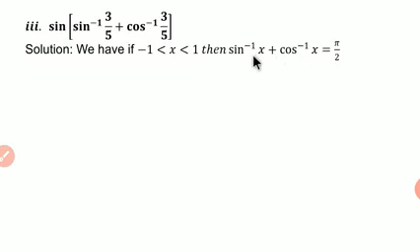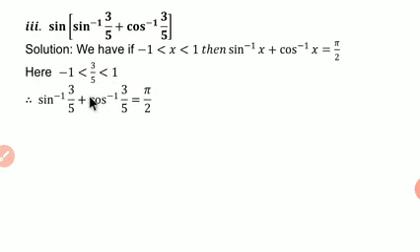When x is any value in the open interval minus 1 to 1, the sum of the inverse sine and inverse cosine of that value is pi by 2. Now here we observe 3 upon 5 again lies in the open interval minus 1 to 1. So, since minus 1 is less than 3 by 5 less than 1, sin inverse 3 by 5 plus cos inverse 3 by 5 is equal to pi by 2.